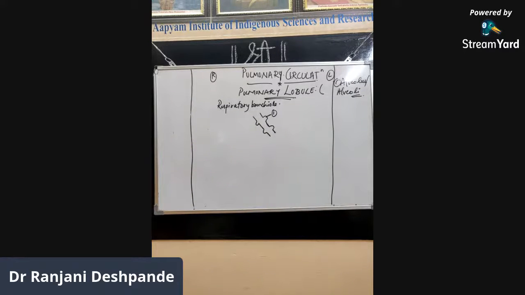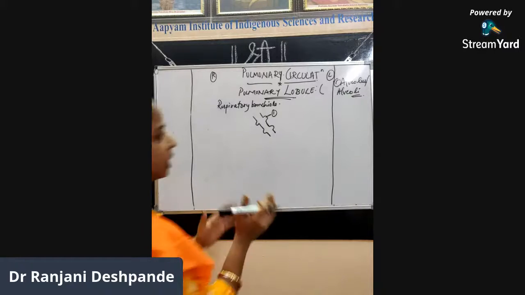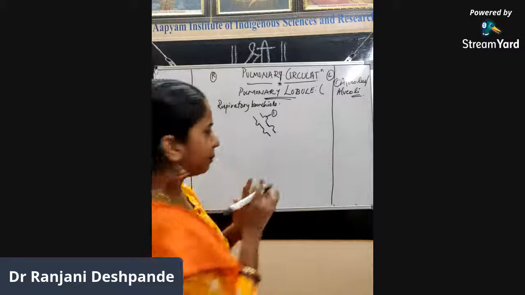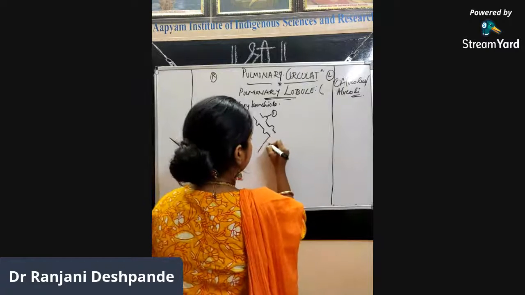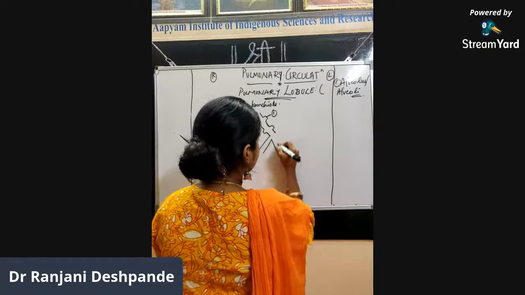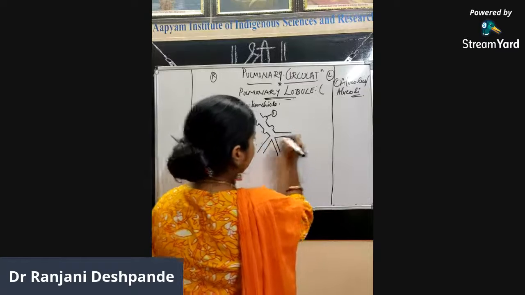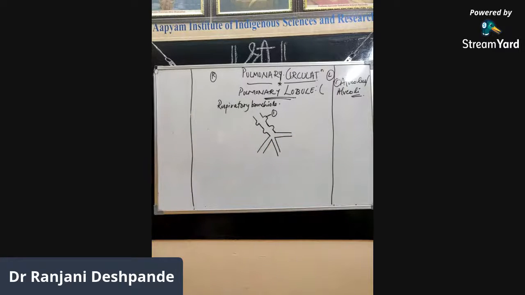Now, further the respiratory bronchiole will break down into smaller air passages. Okay.